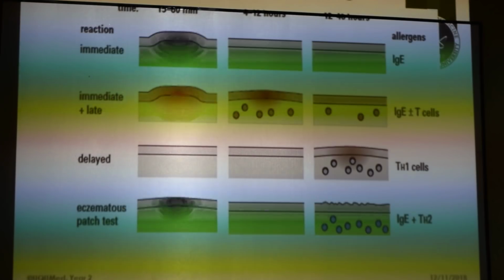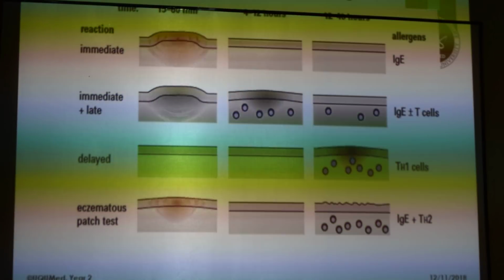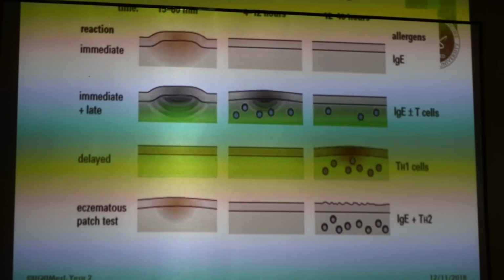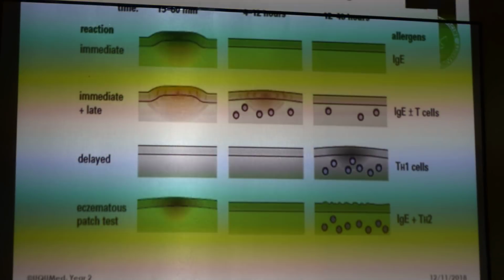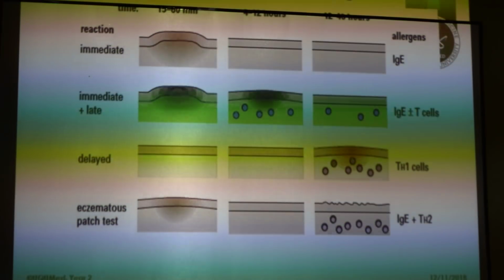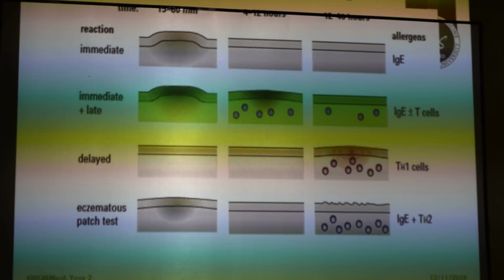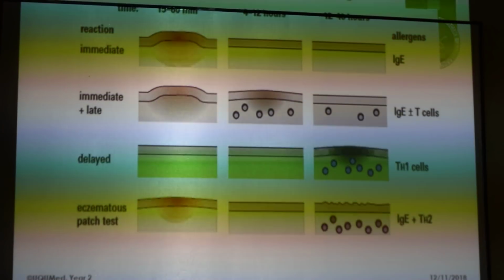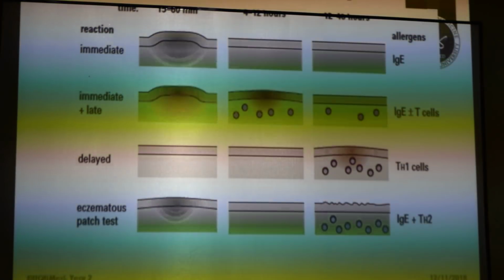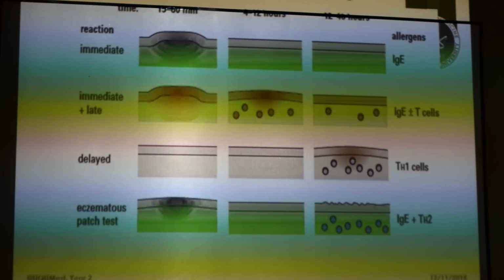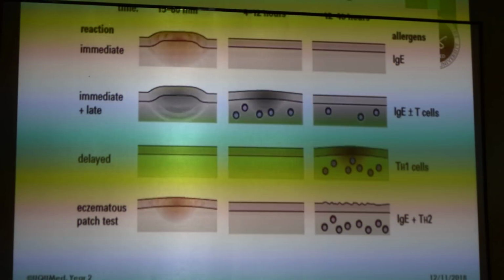So here you can see 4 different reactions. The first one on top, and the second, immediate plus late, are both related to type 1 hypersensitivity. The third one, delayed, is related to type 4. So what you will do is ask the patient to come, and then inject the allergen subcutaneously.